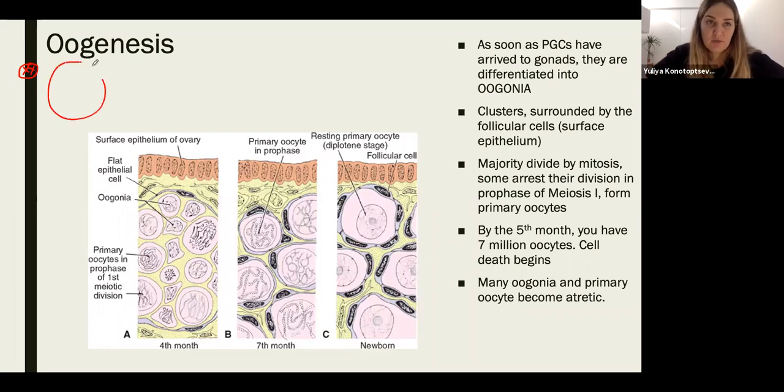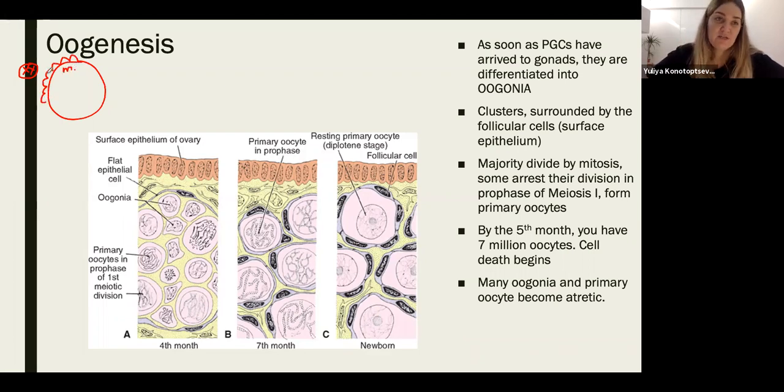We have a gonad in the female as well. The gonads are the future ovaries. The same idea: these gonads have simple cuboidal epithelium on the surface and mesenchyme in the core.